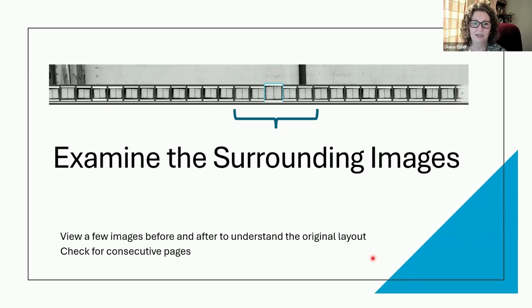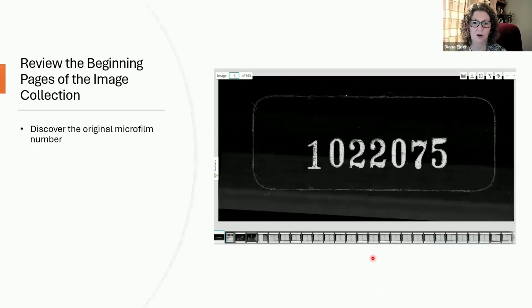Now, another tip is to go to the very beginning of the image collection. If it's a microfilm, if you've been working with FamilySearch records a lot, you'll recognize this is an old microfilm number. And if you go to image number 1, it will usually take you right to the beginning of the microfilm this collection is based upon. And you could take note of that microfilm number.